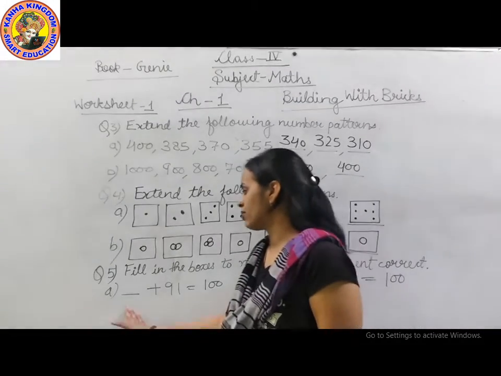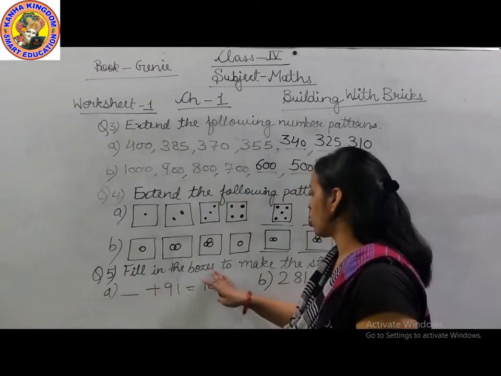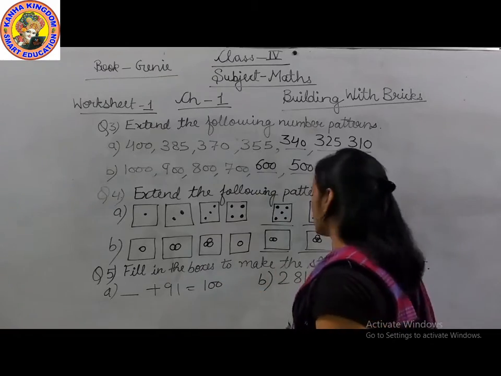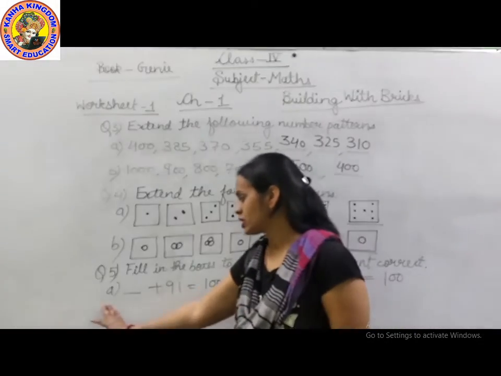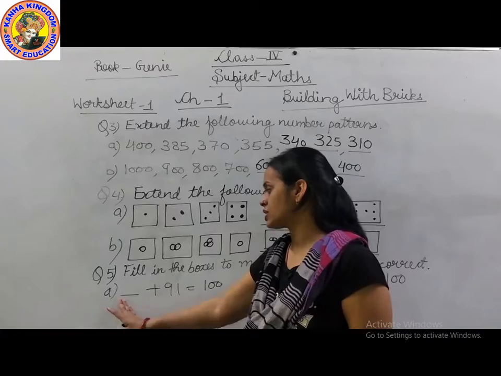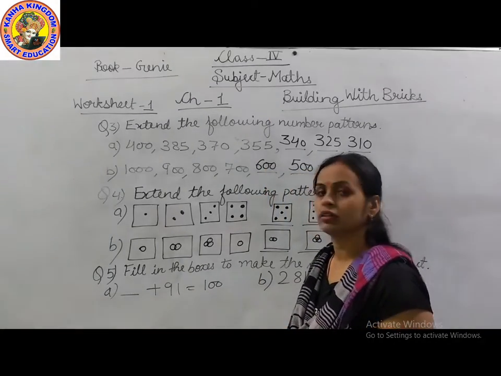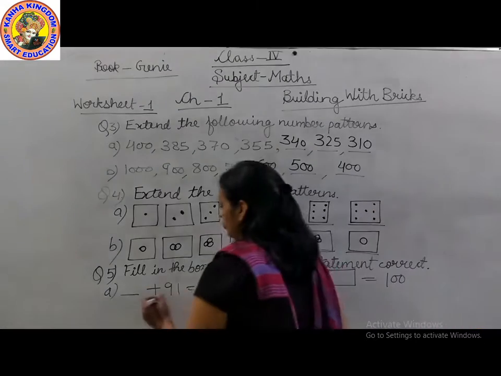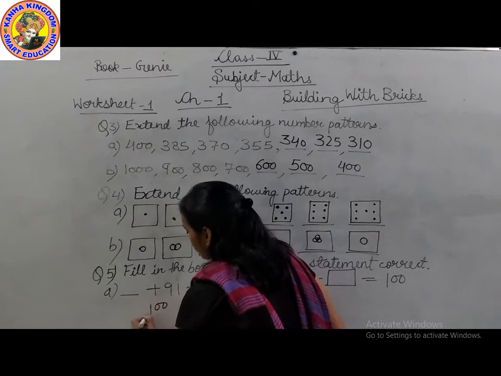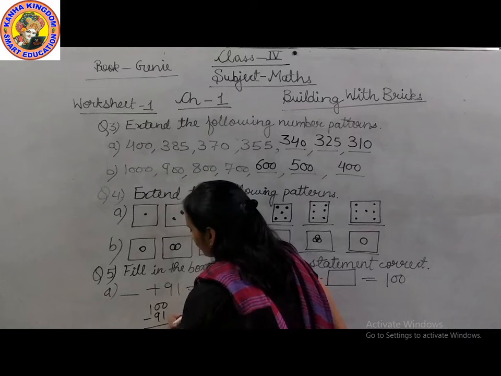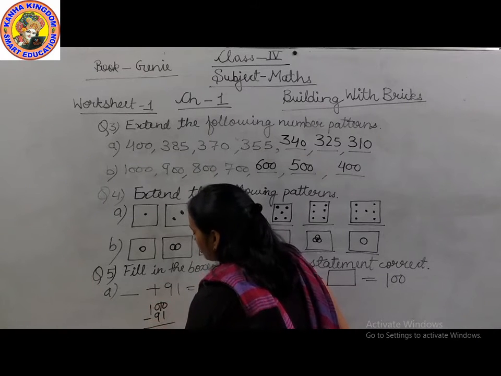Now our question number 5. Fill in the boxes to make the statement correct. So our first is blank plus 91 equals 100. So 100 minus 91. 10 minus 1.